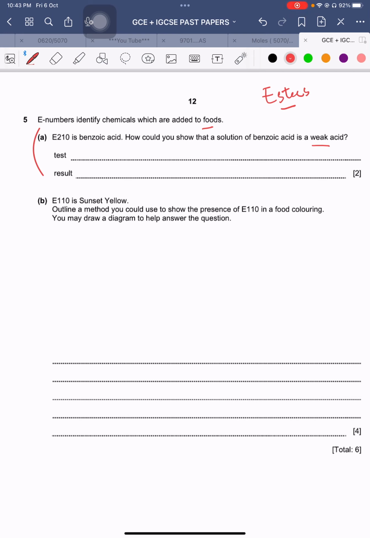So acid will be added, you may say benzoic acid sample will be added to sodium carbonate solution, for example to sodium carbonate solid, or you may say magnesium metal. Low level bubbling, the lesser number of bubbles production, will prove that benzoic acid is a weaker acid. So if for example any metal, not any metal, let's suppose magnesium or zinc, these are quite reactive metals.